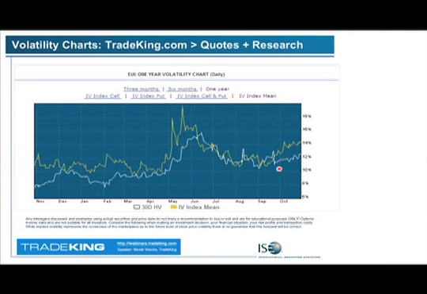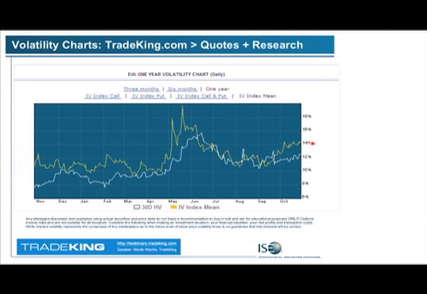So there's three aspects. There's the relationship between these two lines. There's the absolute number of the implied volatility, which is what Steve just mentioned. And then there's the comparison of the current implied volatility to its prior range. That was what I was referring to with relative implied volatility analysis.